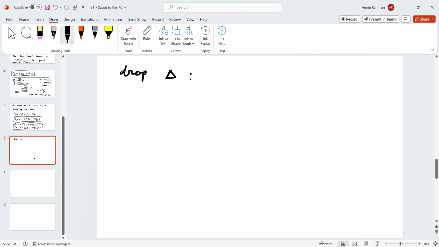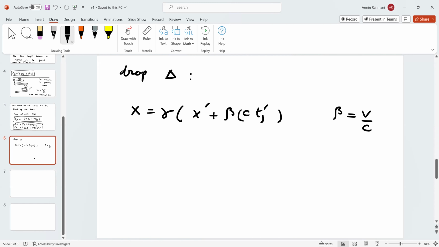So what we know is x is going to be gamma x prime plus beta ct prime, where beta is just v over c. And then ct, so I take the other equation and just multiply by c, is going to be gamma ct prime plus beta x prime. It becomes a symmetric equation between these.